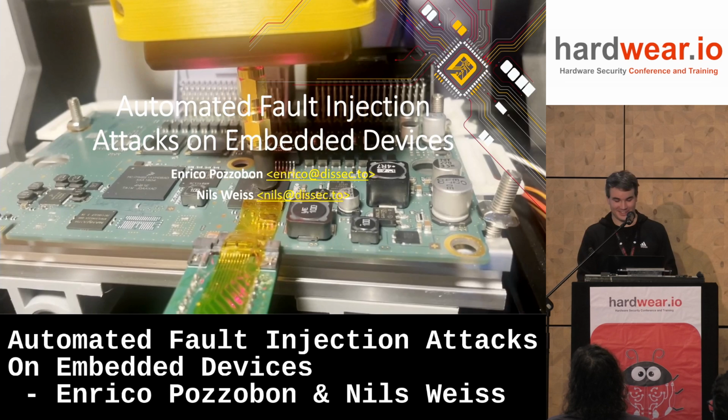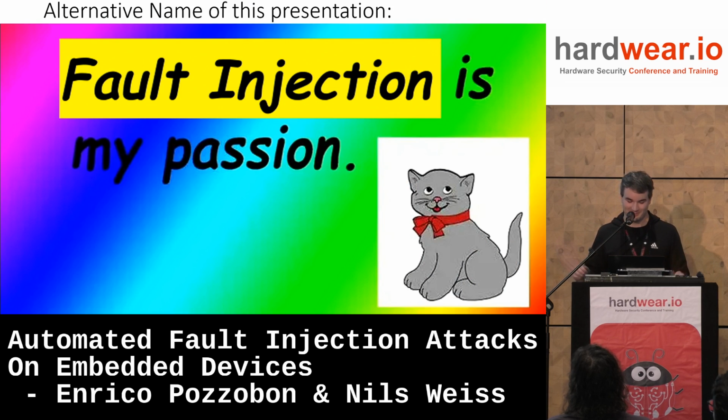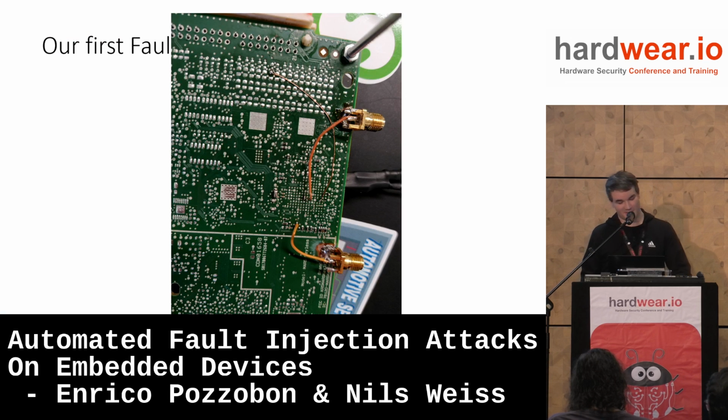So you could say that fault injection is my passion, but not my usual focus. Our first attempts at fault injection were with voltage glitching, but this was really hard because it required heavy modification of the target. As you can see here, we had to remove all the components to make this fault work.